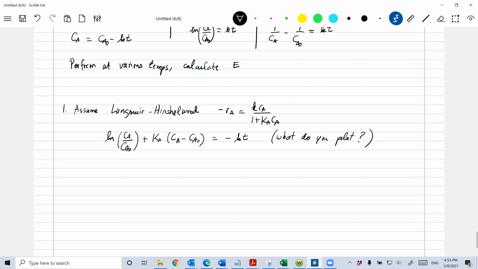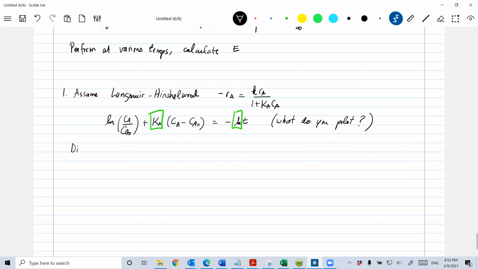What you want to calculate are K_A and k. So you need to figure out what to plot against what. You can divide by C_A over C_A0. Actually, I think divide by C_A0 over C_A, just to take care of some signs, because I don't want to keep carrying them around. If you do that, you end up with the natural log of C_A over C_A0, over C_A0 minus C_A, equals kt over C_A0 minus C_A, minus K_A.